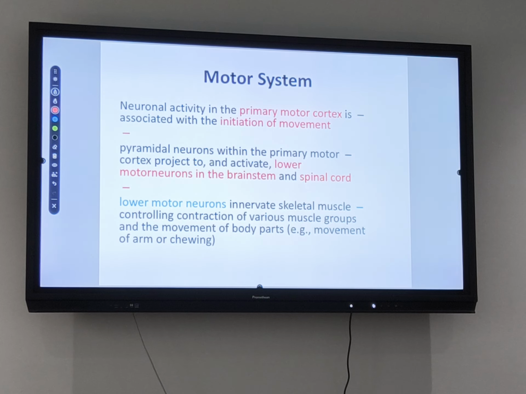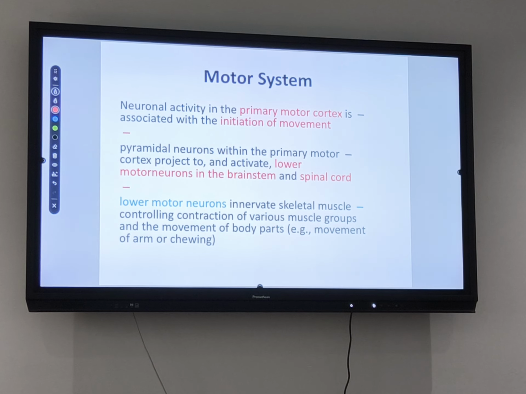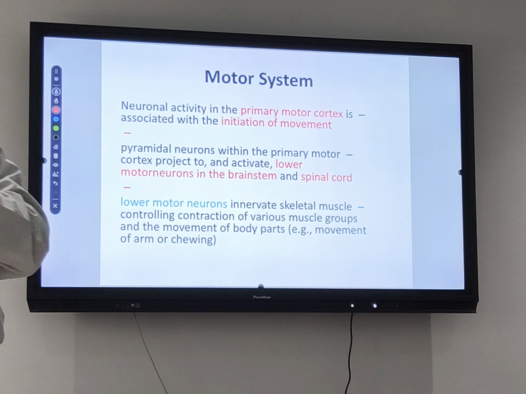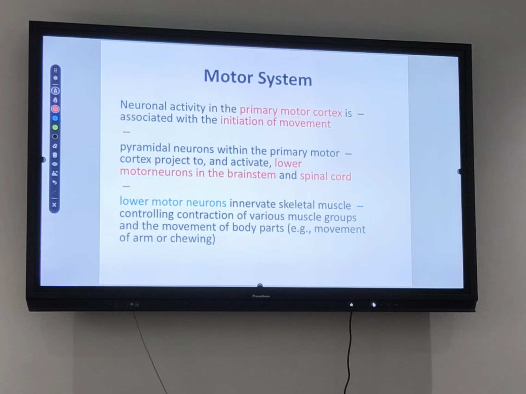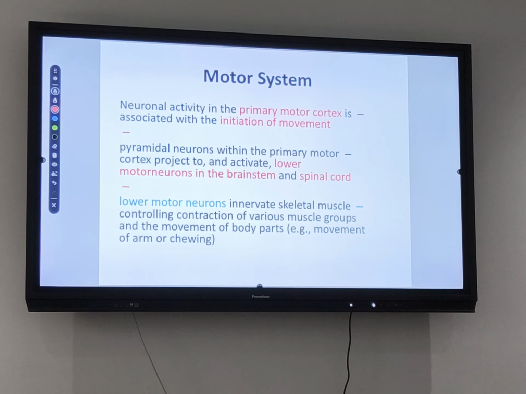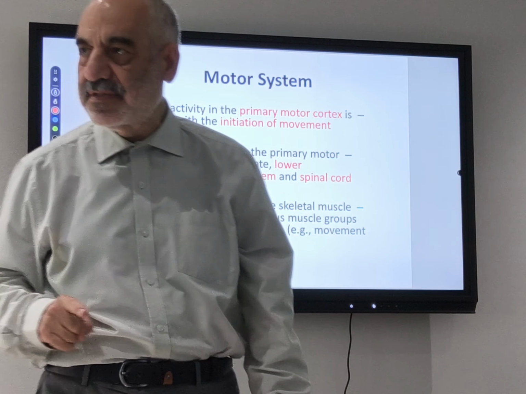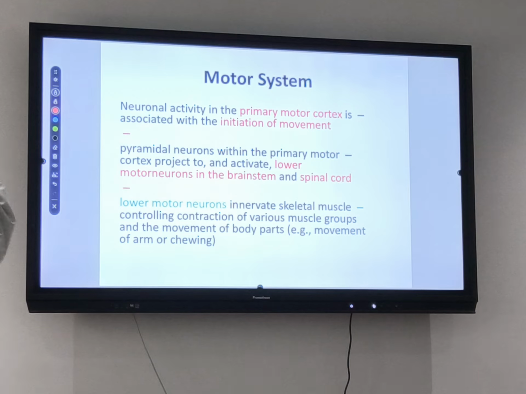You must know the name and also the function. Look at me. Please press your teeth. This is mastication, the masseter muscles. It's related to the fifth cranial nerve, the trigeminal nerve.